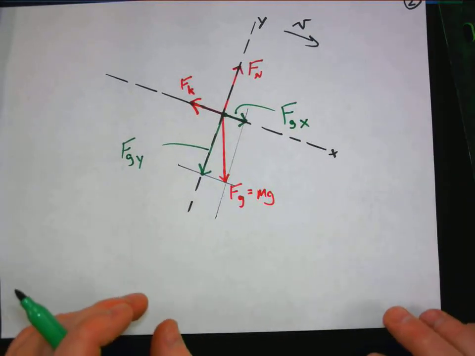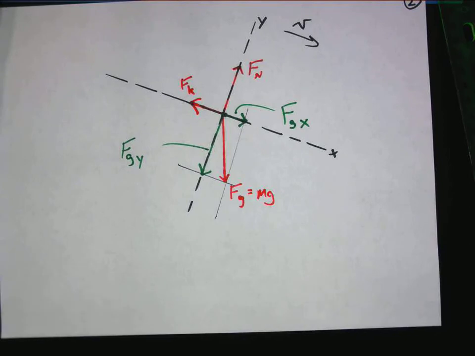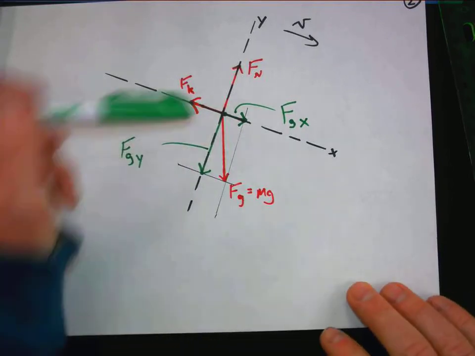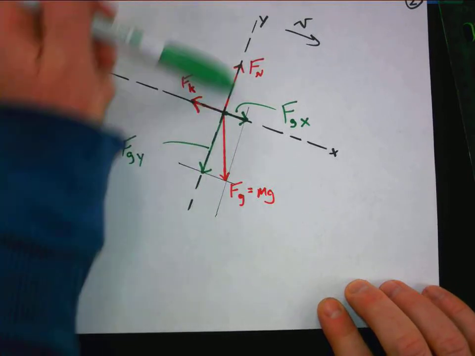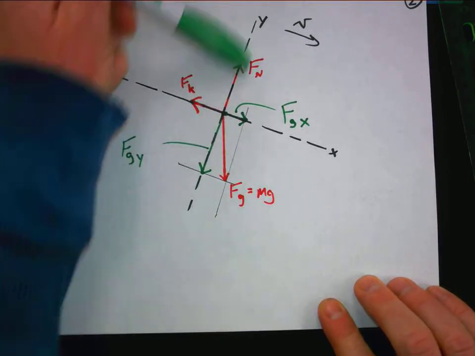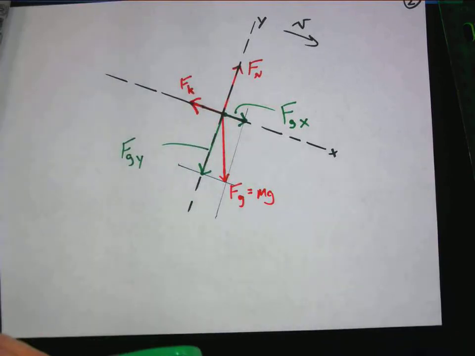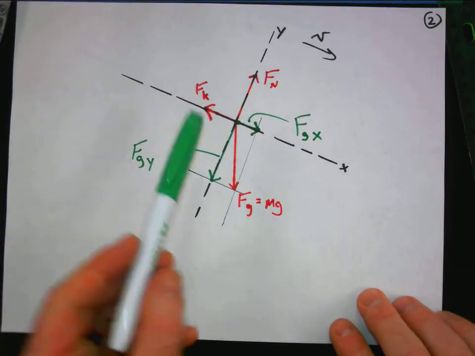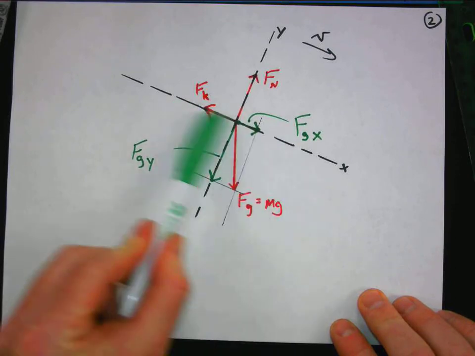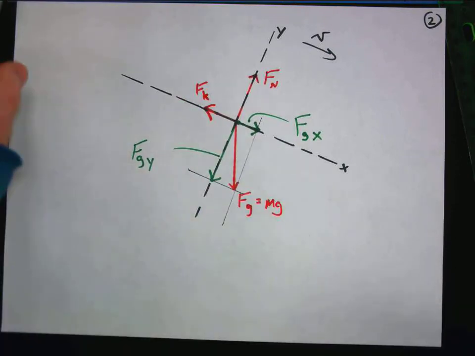And that's important, because what I know about Fernando's situation is that he will not be accelerating in the y direction. In fact, he's not even moving in the y direction. So everything in the y direction must balance out. Fernando is moving in the x direction, but he's not accelerating in the x direction, and that's important.